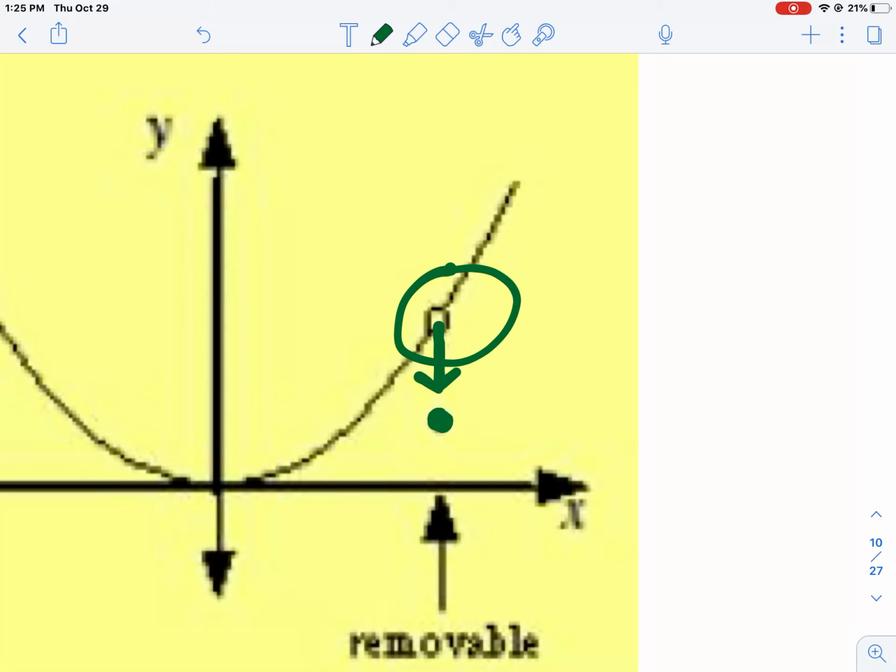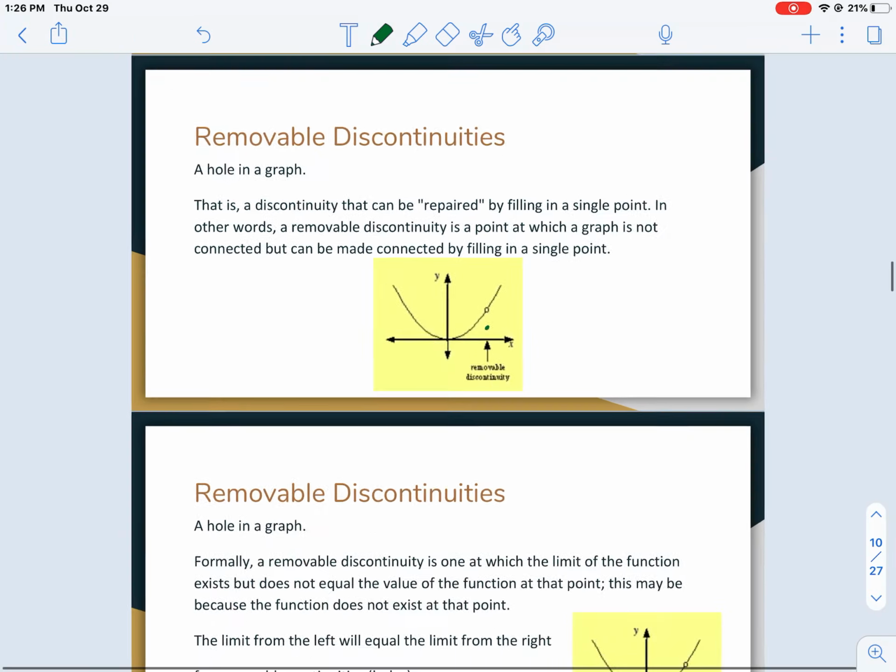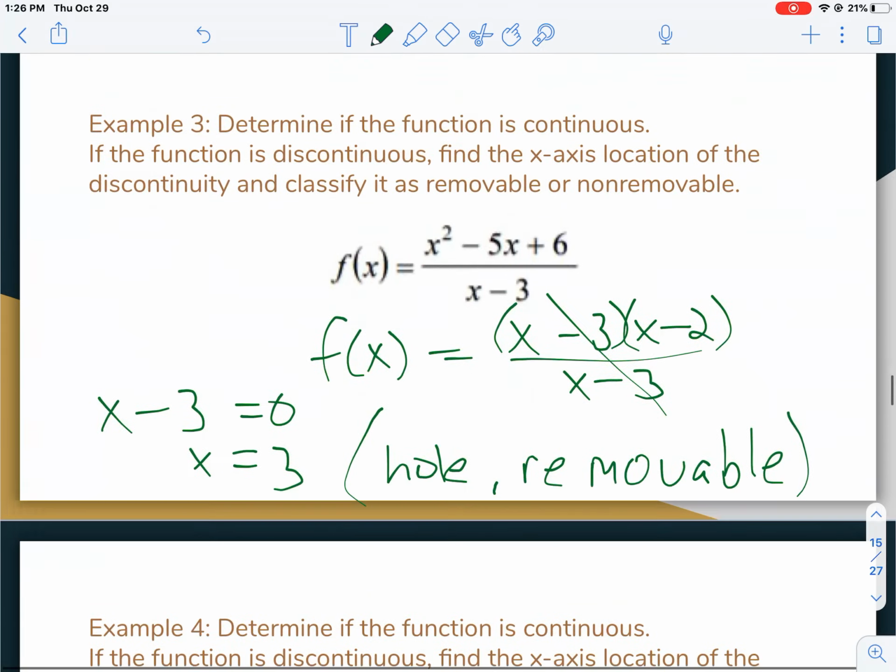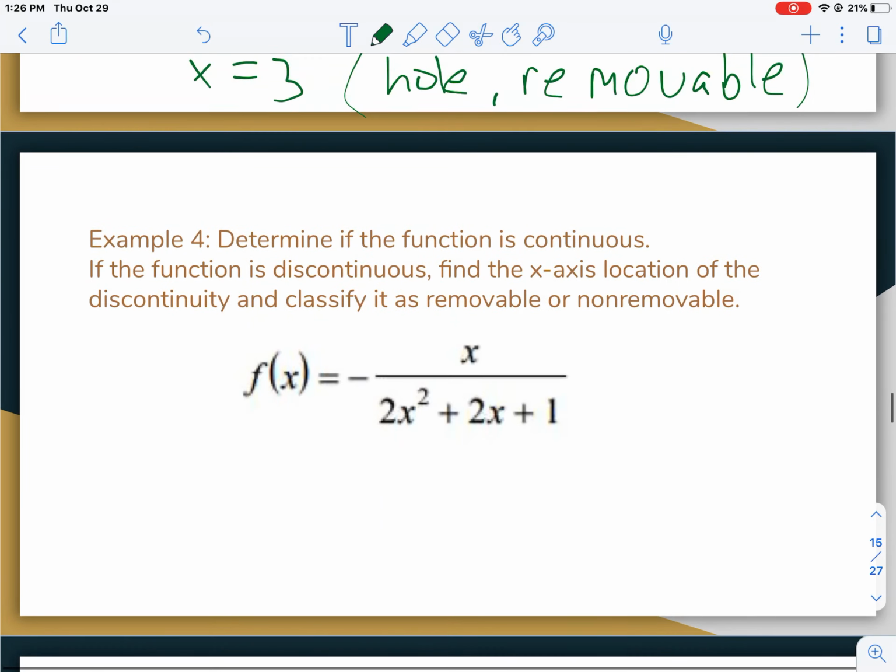It's almost like we took a point, we erased where the point is, or we moved it. So let's say you have a grill, and you move it down here where this green dot is, and under the grill, a groundhog got in there, and if you fall in, you're going to break a leg or something like that, right? It's sort of a goofy example, but anyways, so that's a removable.